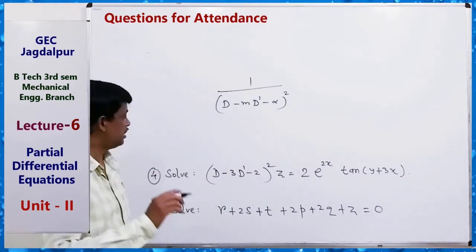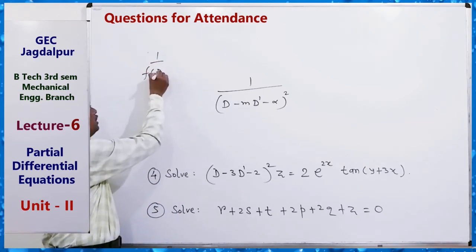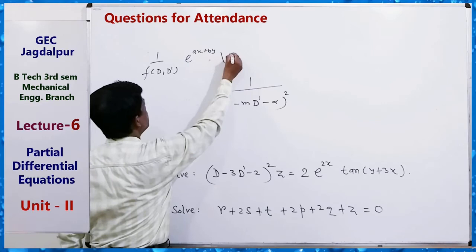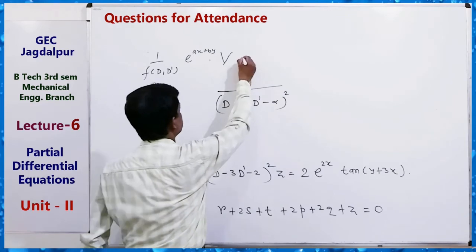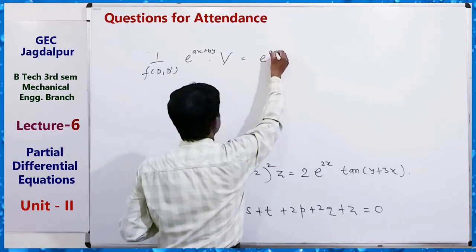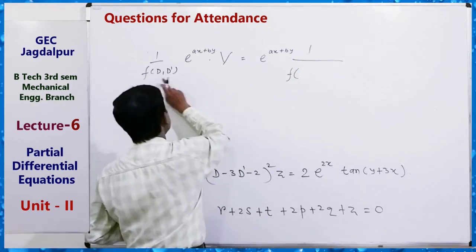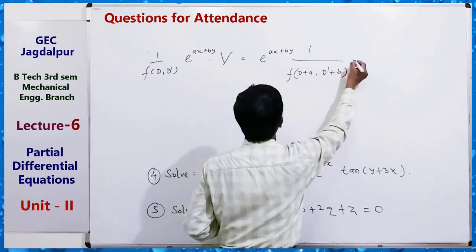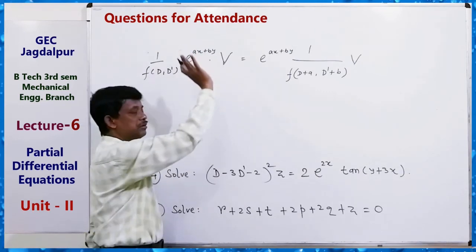So there is a formula, remember it: 1 upon f of d, d dash, e to the power ax plus by into any function of x and y, is equal to what? e to the power ax plus by taken outside, and 1 upon f, in place of d we have to write d plus a, and in place of d dash we have to write d dash plus b, and the function of x and y.